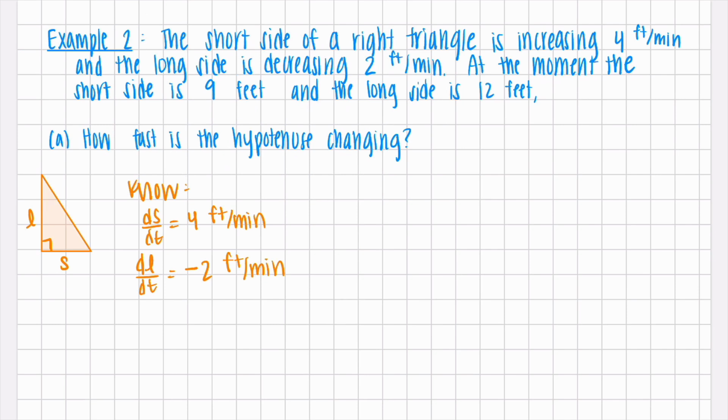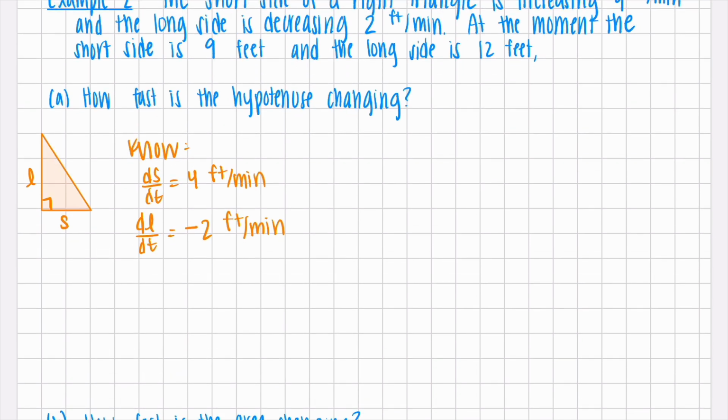At the moment the short side is 9 feet and the long side is 12 feet. How fast is the hypotenuse changing? I'm going to make the hypotenuse H. So we want dH/dt when S equals 9 feet, L equals 12 feet.